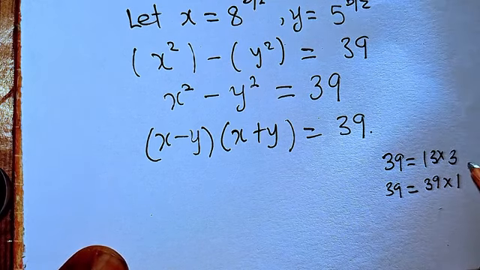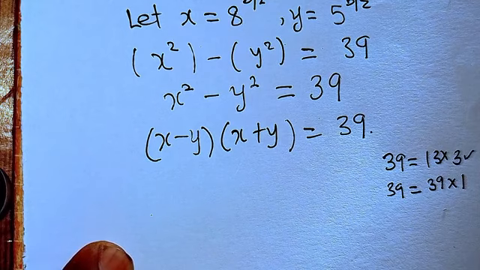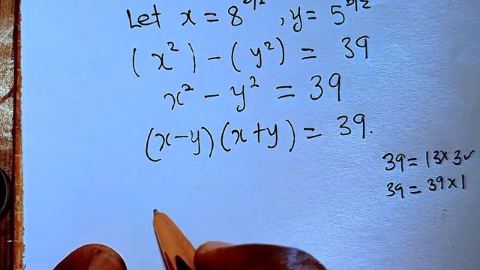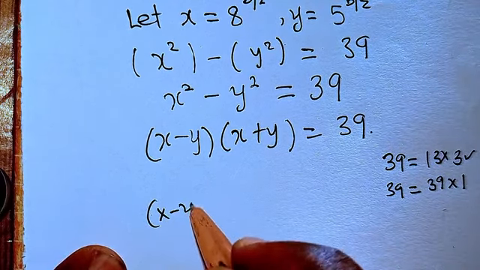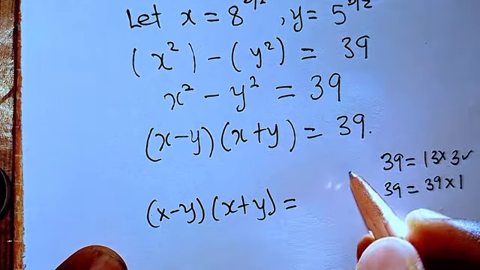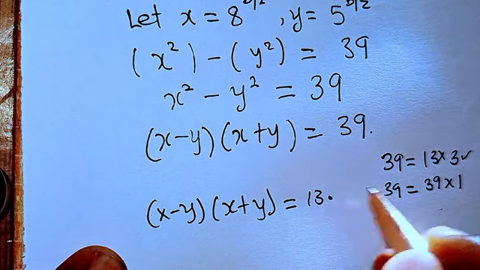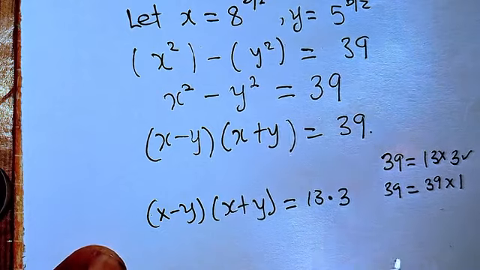So now we're going to pick this one, that is 13 multiplied by 3. If you pick this, we're going to have x minus y, x plus y, then equals 13 multiplied by 3.